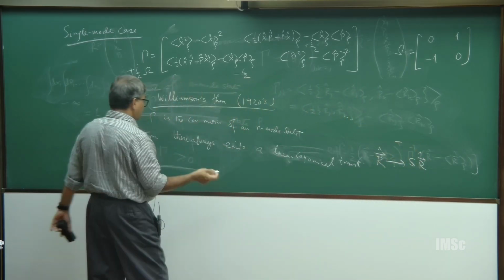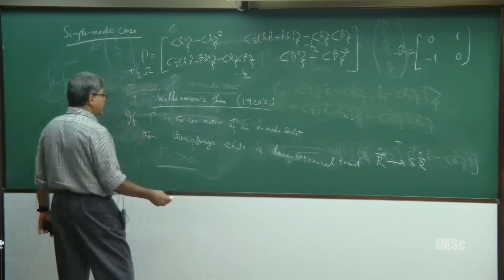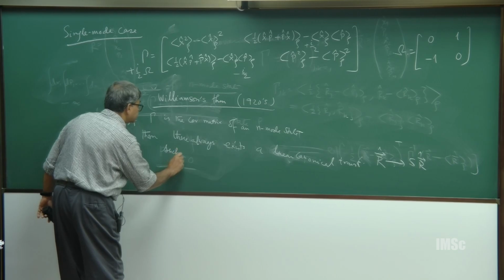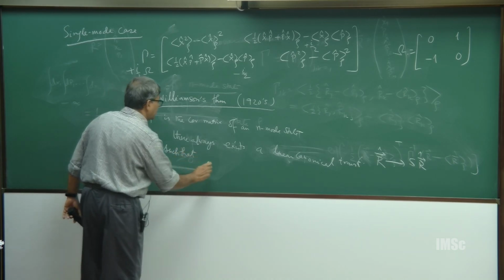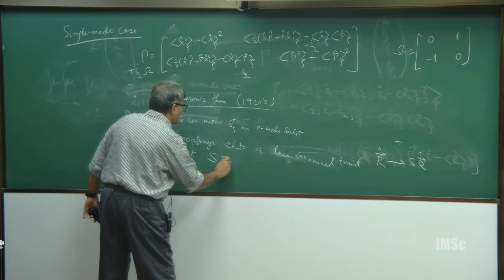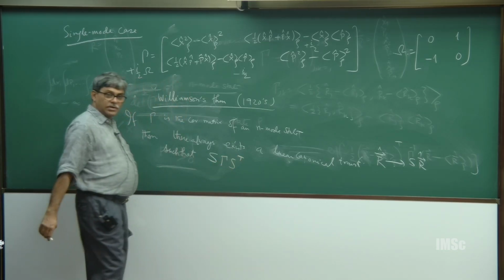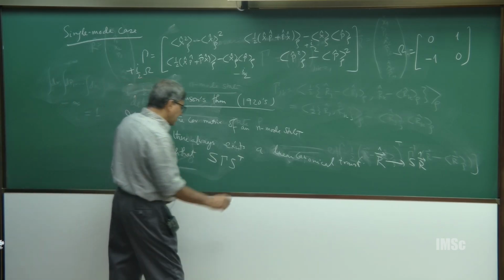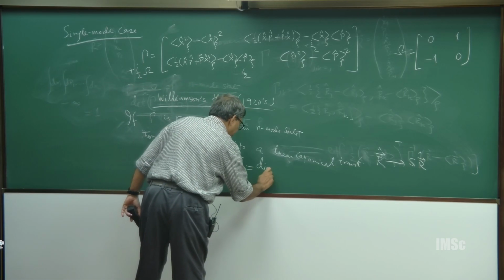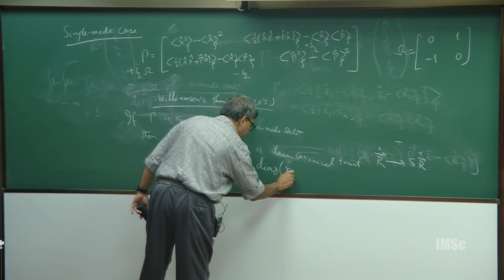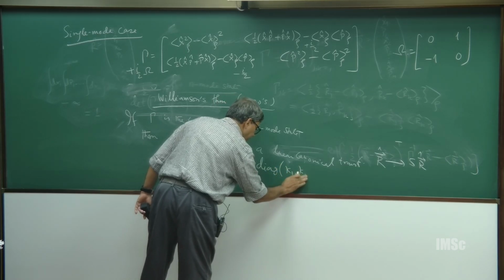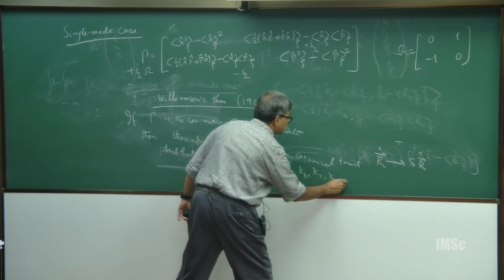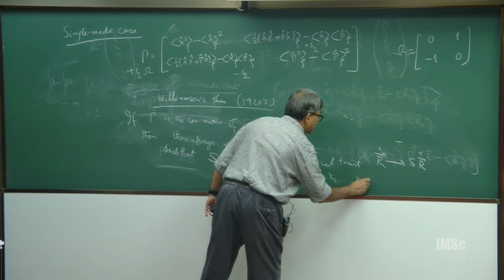Okay, canonical transformation such that S gamma S transpose, or you can have S transpose gamma S, whatever be the case, is of this form: diagonal kappa 1, then kappa 2, up to kappa n.